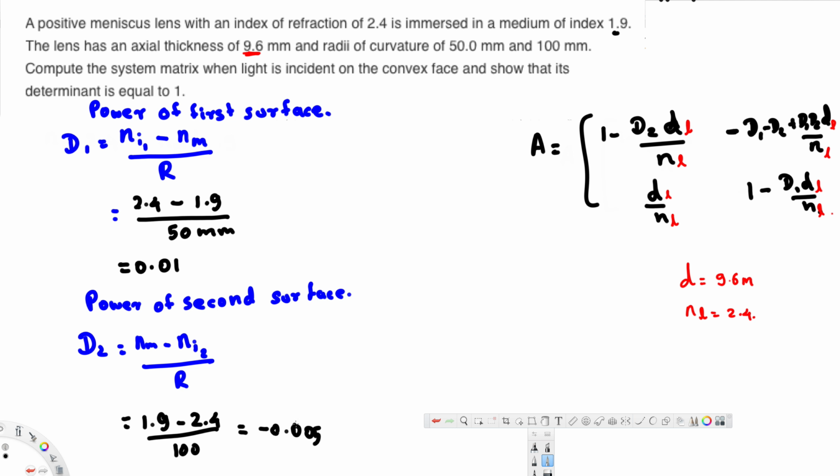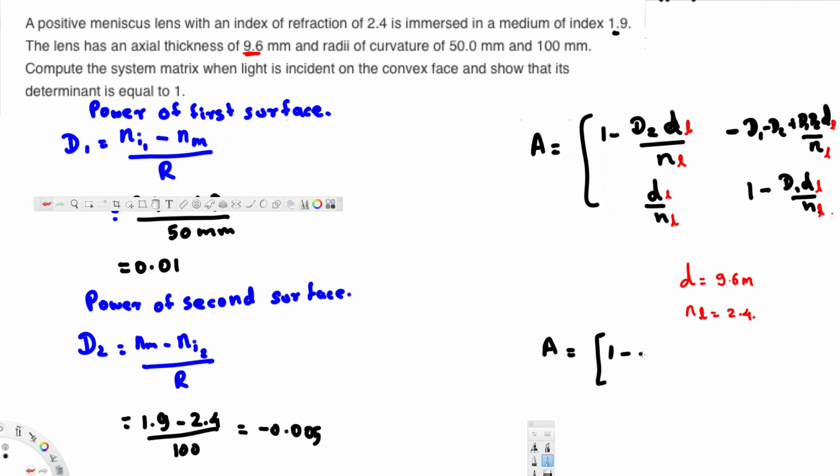Now we have these two pieces of information, we have D1 and D2. Now we can solve for this matrix. Here they are asking to show that the determinant is equal to 1. Now let's plug in all the values. A is equal to 1 minus D2, we found that is negative 0.005, times the thickness, that is 9.6 millimeter.